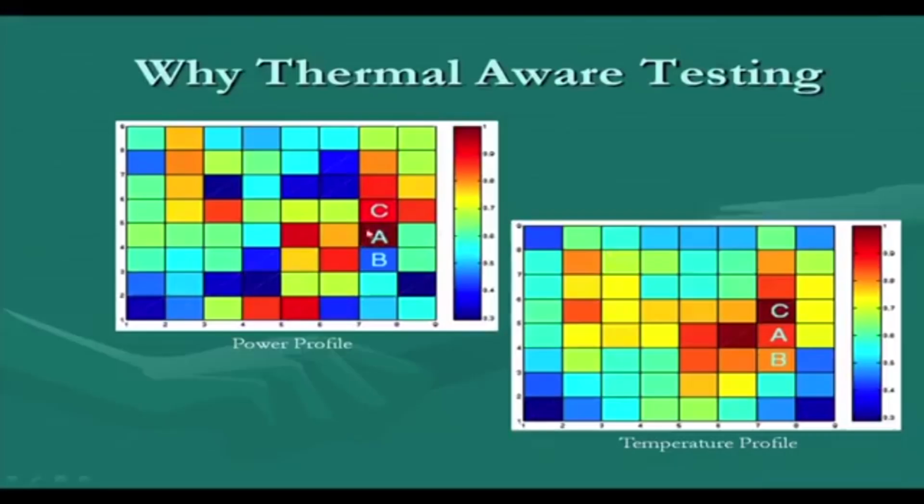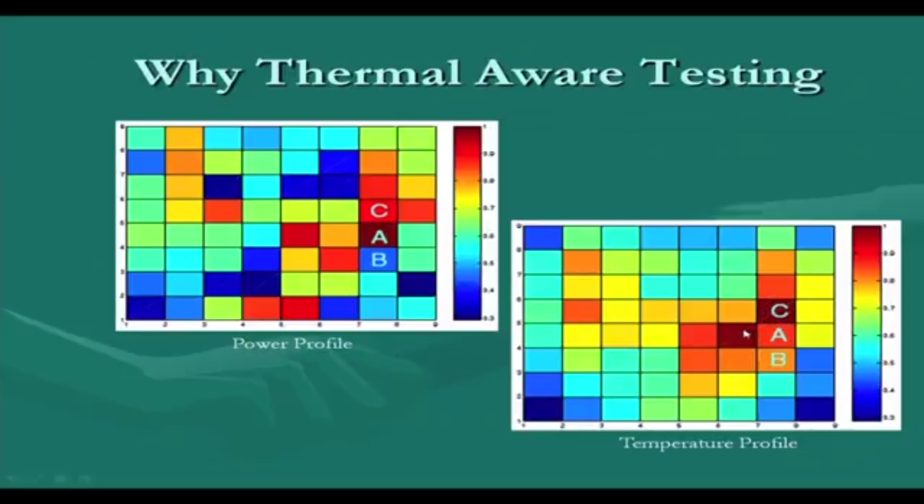So, this is what we are looking for. A power reduction technique or a peak power reduction technique will try to reduce the activity in the circuit, so that block A does not see much activity. But a thermal-aware strategy should try to reduce the activities for C, so that the temperature of C is not that much affected.